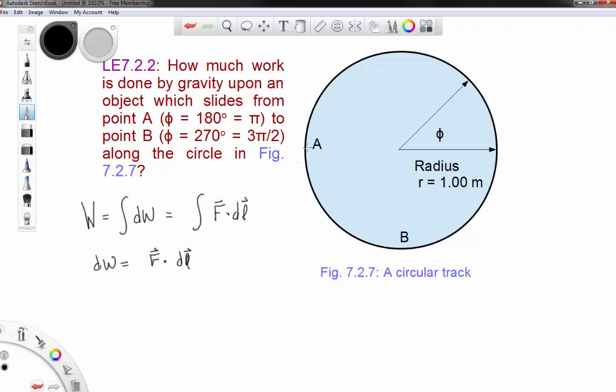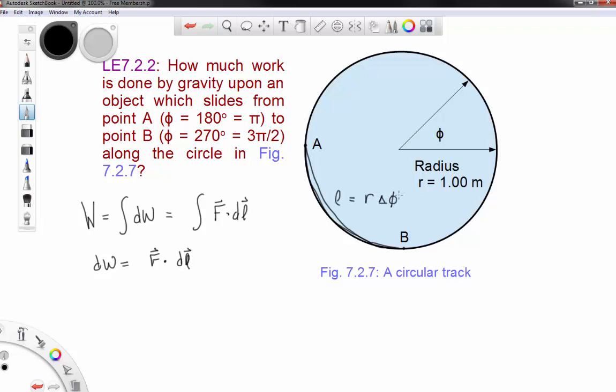Basically, the idea is that if I start at A and I end at B, and I move along this whole path length here, then this whole path length might have a length given by L. Since we're using phi to represent the angle around, L should be the radius of the circle times delta phi.